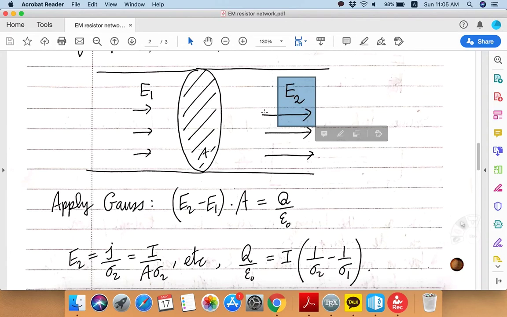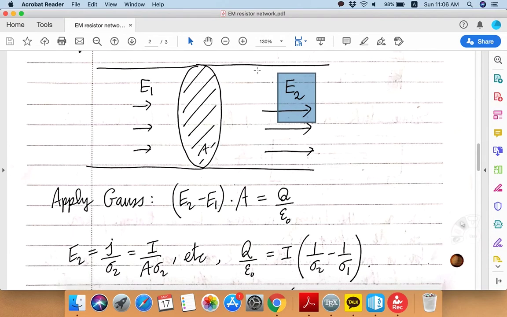I made the arrows over here much bigger because I'm assuming that the conductivity in region 1 is bigger than the conductivity in region 2. So in order to make up for the smaller conductivity value, the electric field has to be bigger.